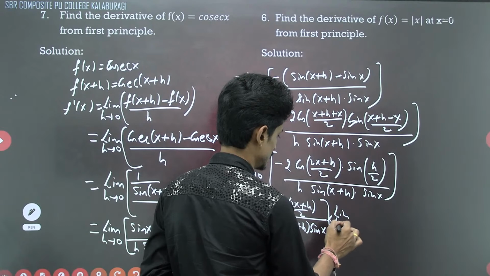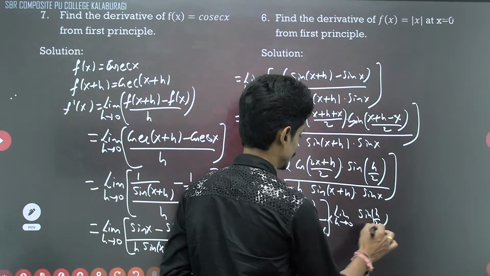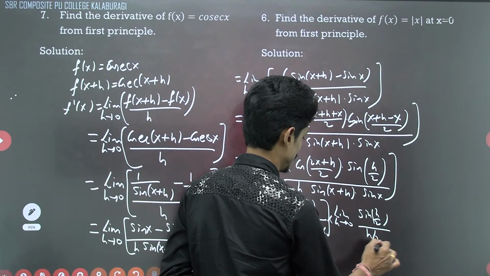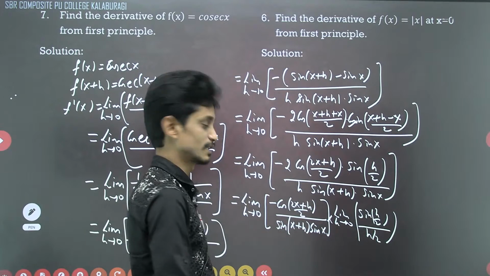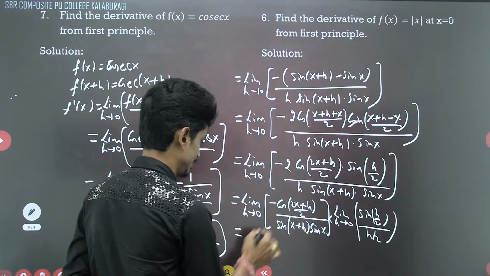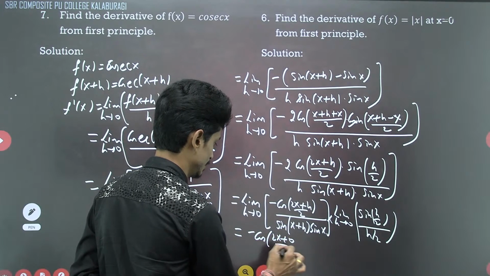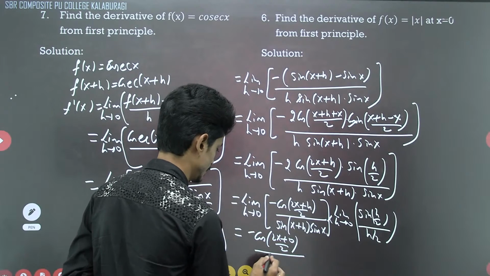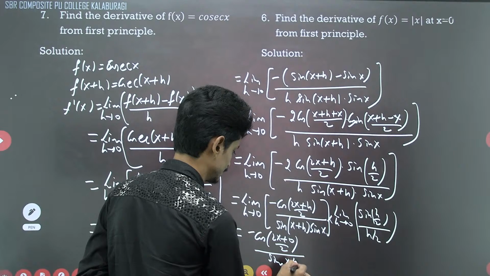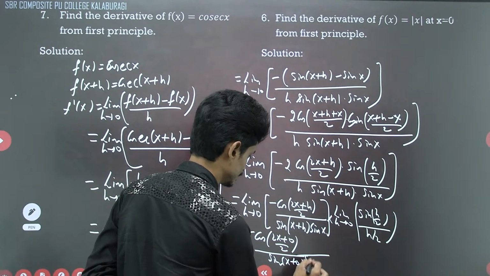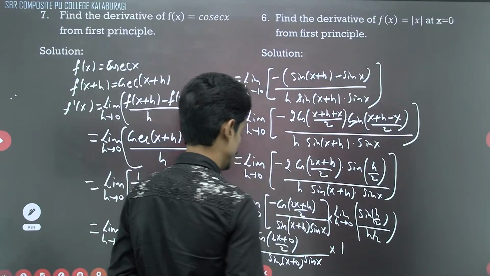limit as h tending to 0, sine of h by 2 divided by h by 2. Already one h is there, this 2 has also shifted there. Now this is totally free from the indeterminate form, so we can substitute: cos of (2x plus 0) by 2 divided by sine of (x plus 0) into sine x, and this side value will be 1.